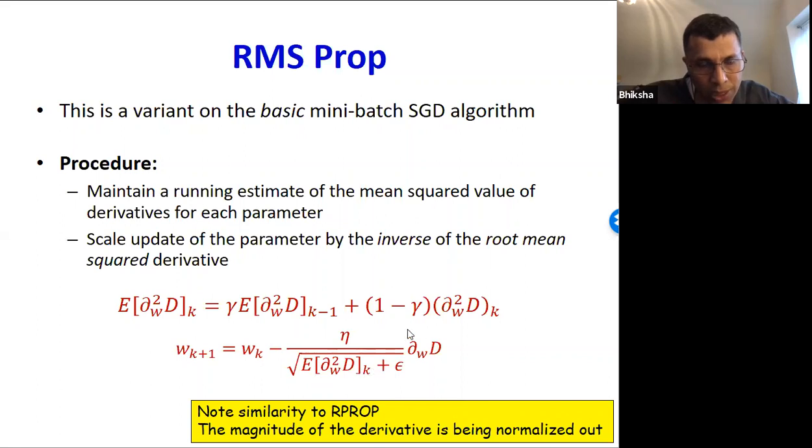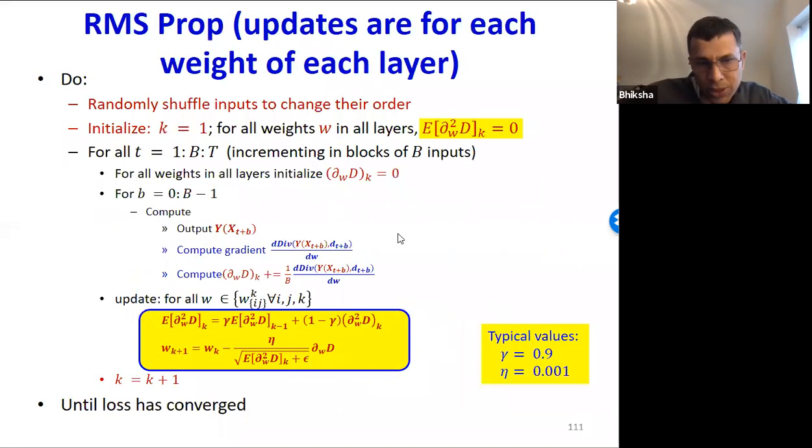This ratio is going to be the value of the derivative divided by the absolute value of the derivative, because the RMS value is just positive. The only thing that will remain is the sign of the derivative. So this ends up being just like R prop, where you only consider the sign of the derivative and not the value of the derivative itself. So here's pseudocode for RMS prop.